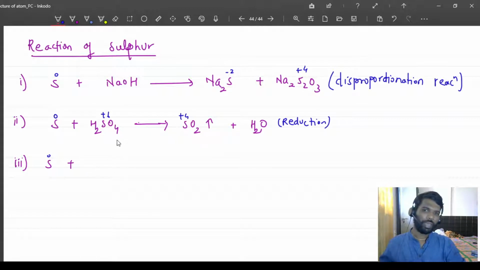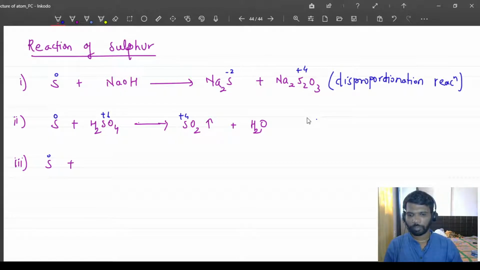Now how can I describe this oxidation? This is a sulfur where the oxidation state is changing to +4, and here from +4 to +3. If you are going to see, the reduction with respect to this sulfur is happening and the oxidation with respect to this sulfur is happening. We cannot call this specifically a reduction.